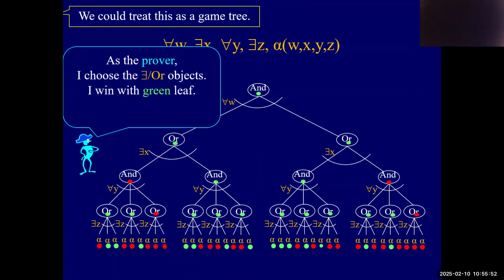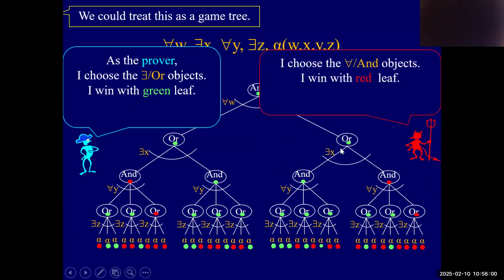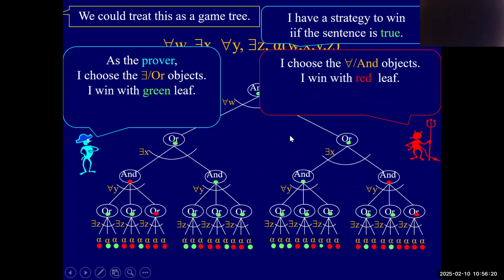So as a prover, I'm going to choose the exists, and as a Forall, the adversary is going to choose the Foralls. Because remember, the exists was the OR, so the prover does it, and the Forall is an AND.